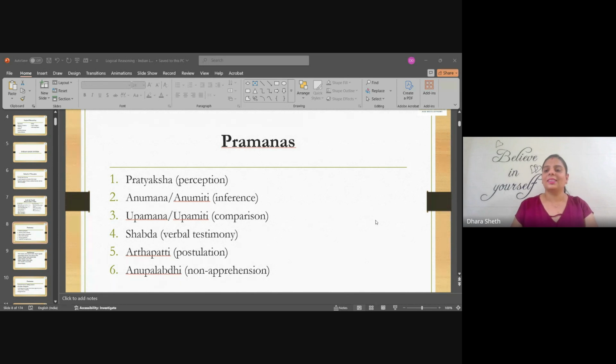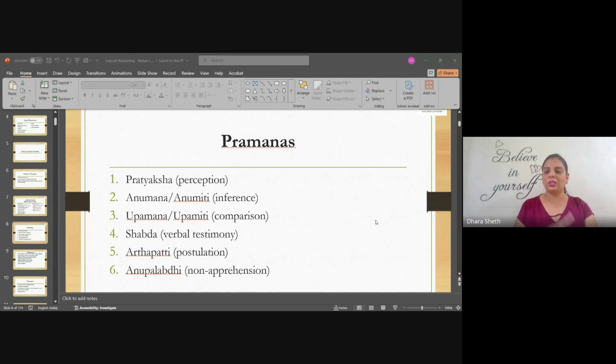Veda says that we can get knowledge of anything in this world using 6 methods. Pratyaksh or perception, our 5 senses. Anuman, also called Anumiti in some questions, they either say Anuman or they call it Anumiti, or they call it inference.